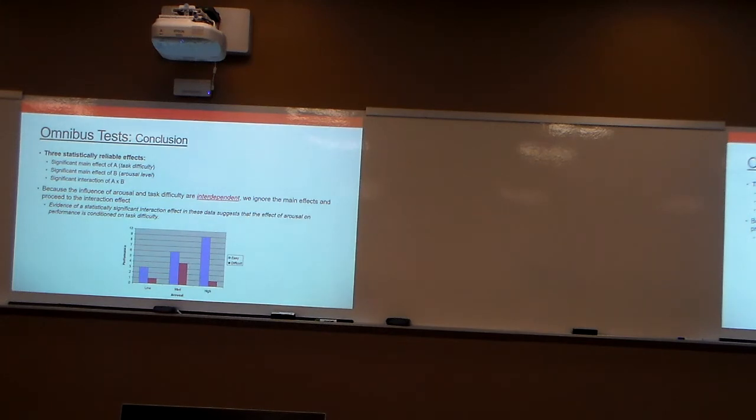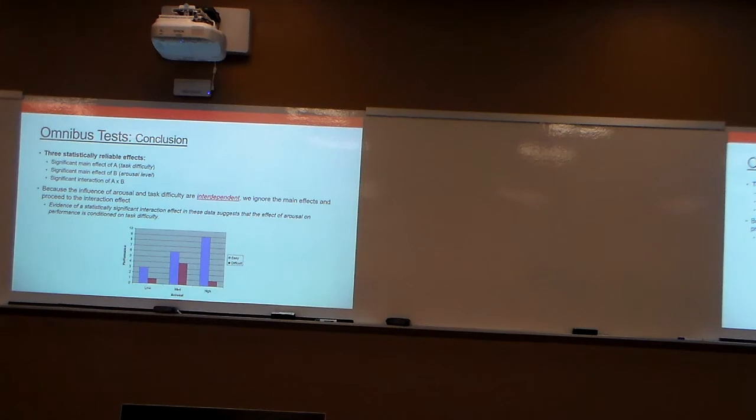We're ignoring arousal. We're just looking at the main effect of task difficulty. What's the main effect of task difficulty based on this graph? As their performance gets higher with these, sorry, not. Someone help her out? What are you thinking? Just the easier the task, the greater the performance?